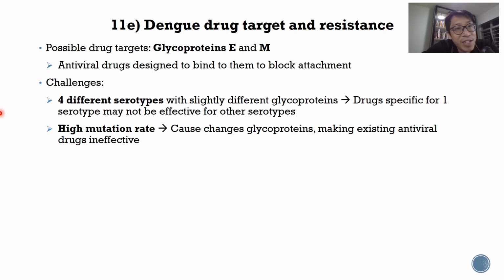That's why there's a higher mutation rate. Mutation will cause even more changes, especially to the glycoproteins, and that renders current drugs, if any, not so efficient in the future.